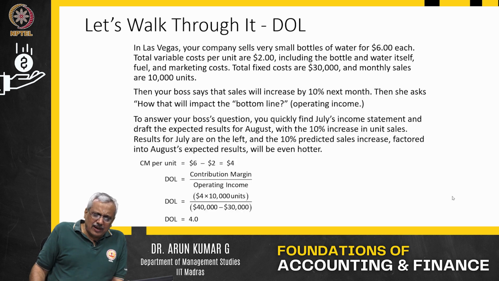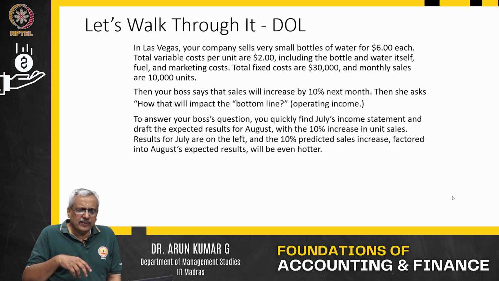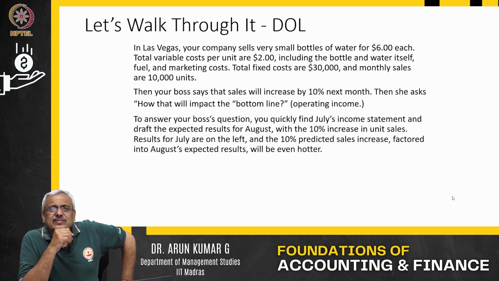I have got a small example here, picked up from one of the textbooks. It says that the company sells small bottles of water at $6 each. Variable cost is $2. My fixed cost is 30,000. Monthly sales is 10,000 units. My sales will increase by 10% next month.